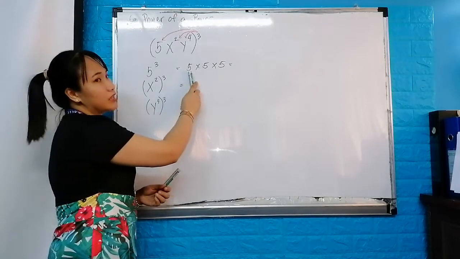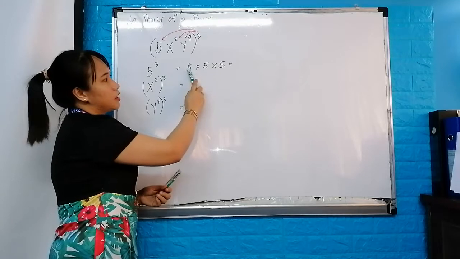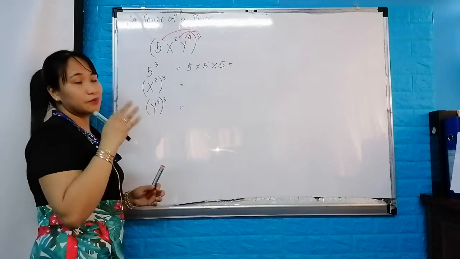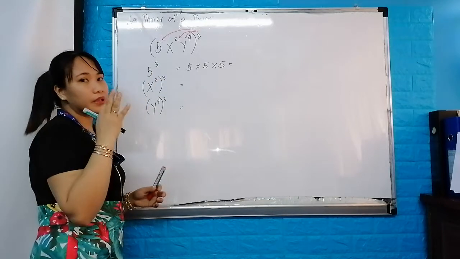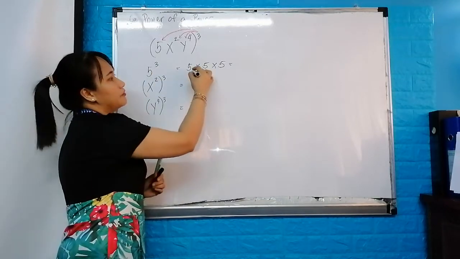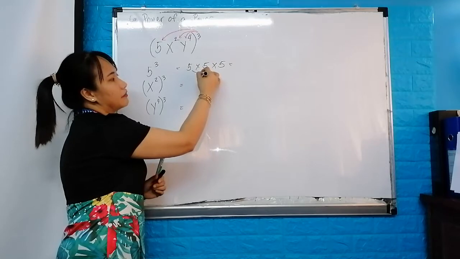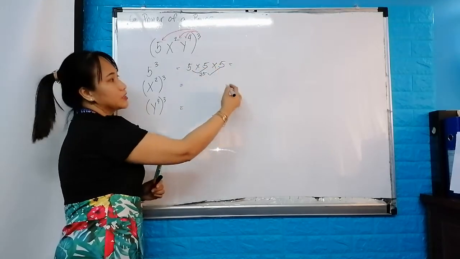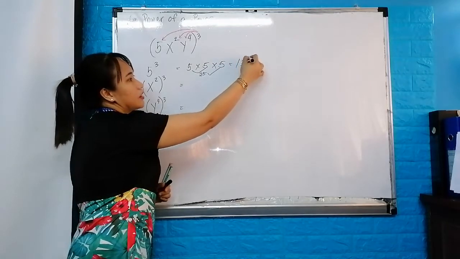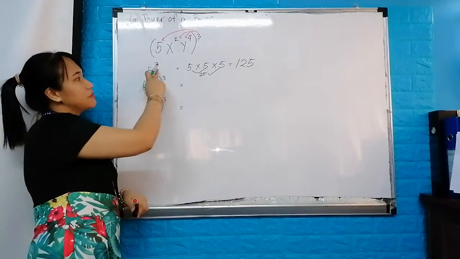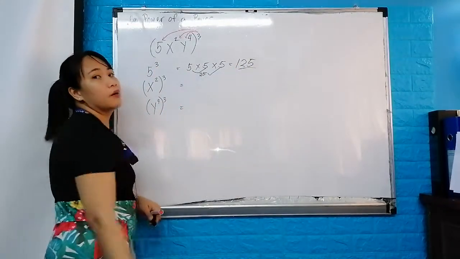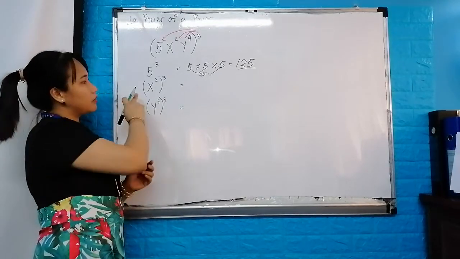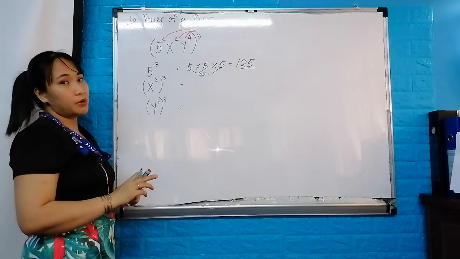So I multiplied 5 times 5 followed by another 5, since you need to multiply it 3 times. 5 times 5 is 25, and then 25 times another 5 is 125. So 5 cubed is 125. Let's do the second one, which is your variable x.